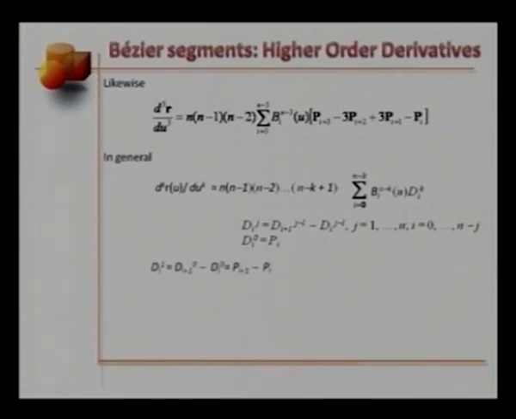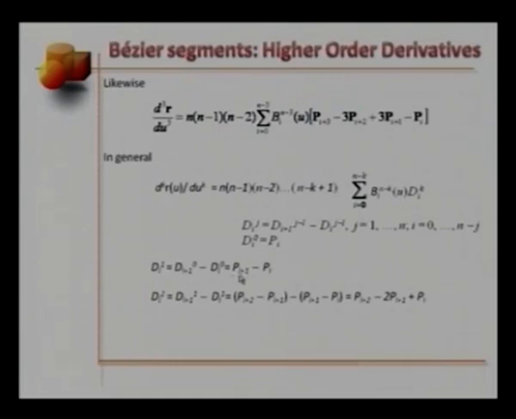For example, d i 1 is equal to d i plus 1 0 minus d i 0. This is p i plus 1, this is p i. d i 2 is equal to d i plus 1 1 minus d i 1. What is d i plus 1 1?